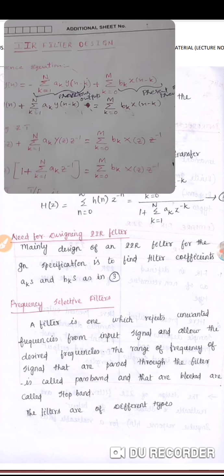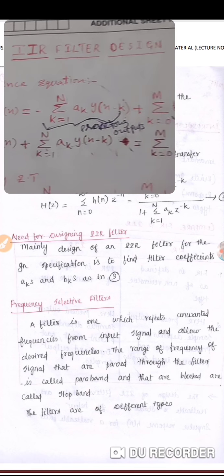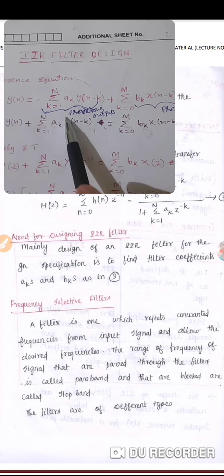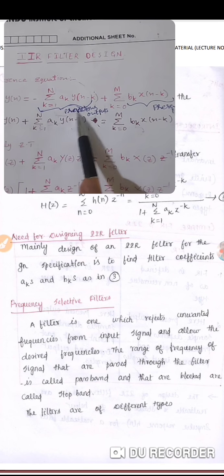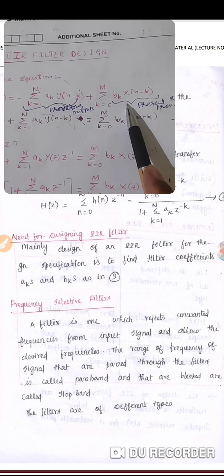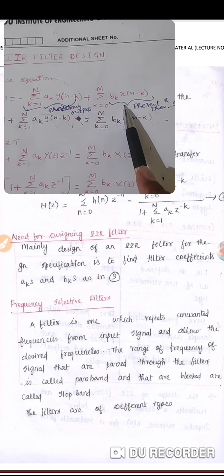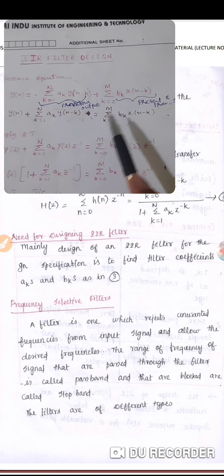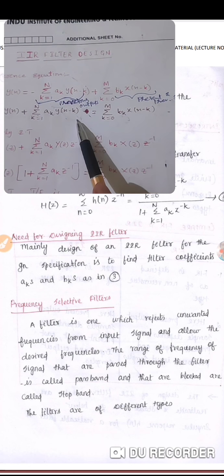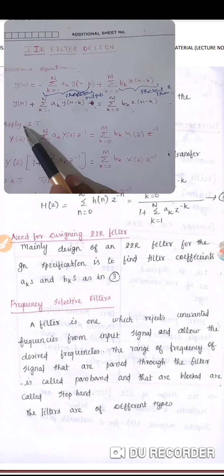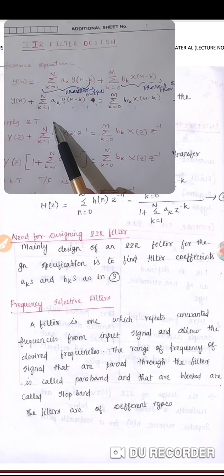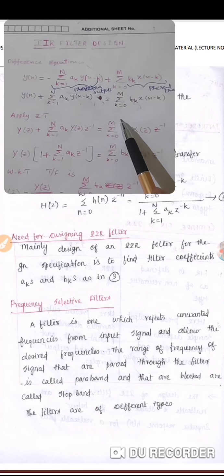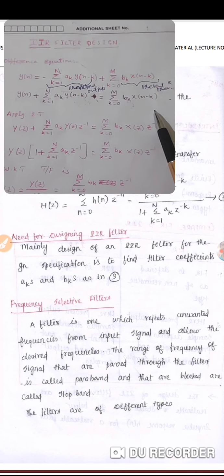We already know the difference equation is y of n equal to minus summation k equal to 1 to n ak into y of n minus k plus summation k equal to 0 to m bk into x of n minus k. If you rewrite this equation, bringing the output terms to the left side, y of n plus summation k equal to 1 to n ak into y of n minus k is equal to summation k equal to 0 to m bk into x of n minus k.